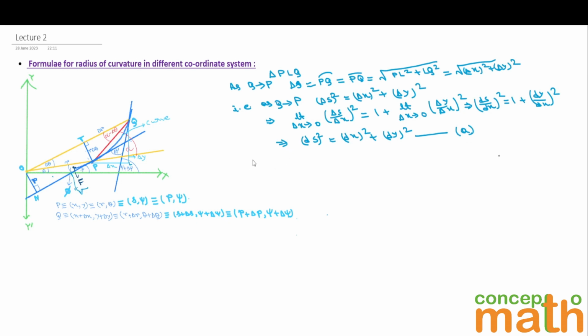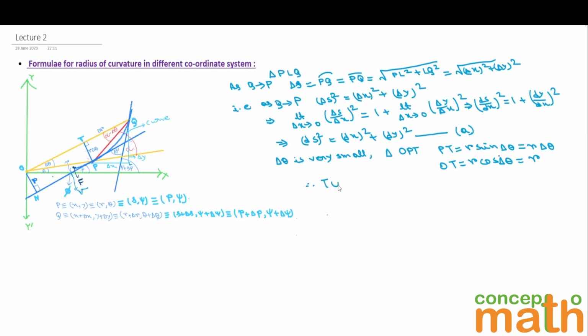Now we have another triangle to consider. So before going into that, as Q is very close to P, that means delta theta is very small, and for that, from triangle OPT, we have PT is equal to r sine delta theta, but as delta theta is very small, so this will be equal to r times delta theta, while OT will be r cos delta theta, but as delta theta is very small, so cos delta theta will be 1, so this equals r.